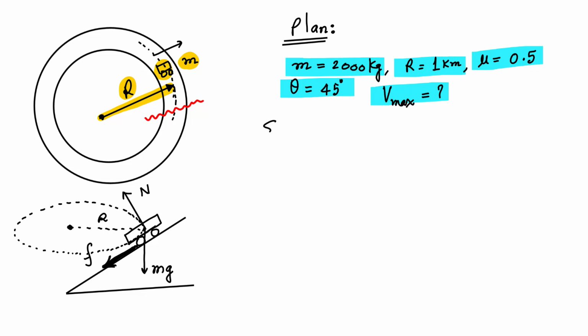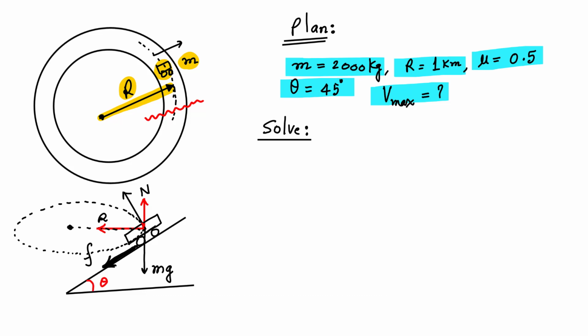Okay, so let us try to solve this problem. You see, the normal reaction will have one component in the vertical direction, and another component in this direction. And this angle is given in the problem.